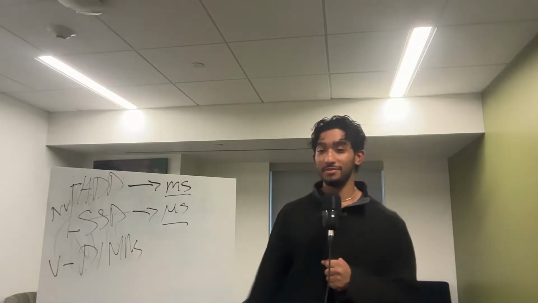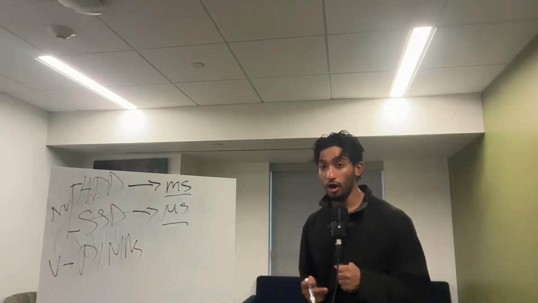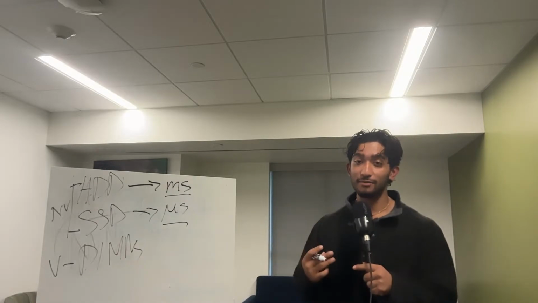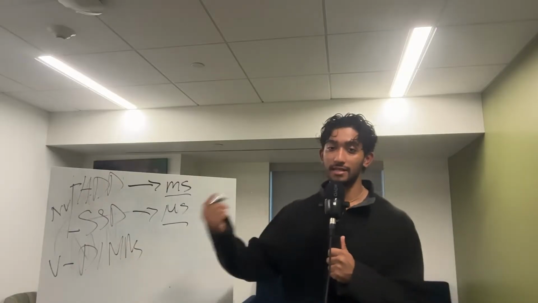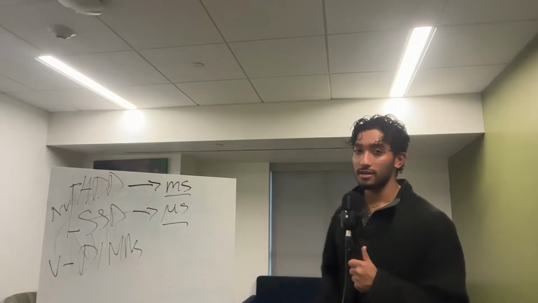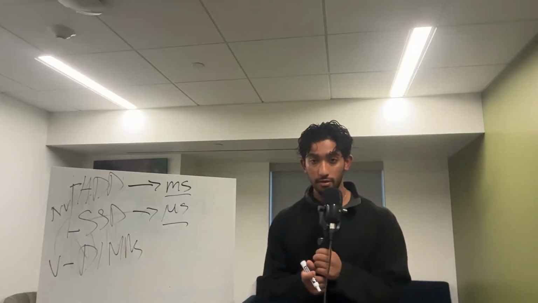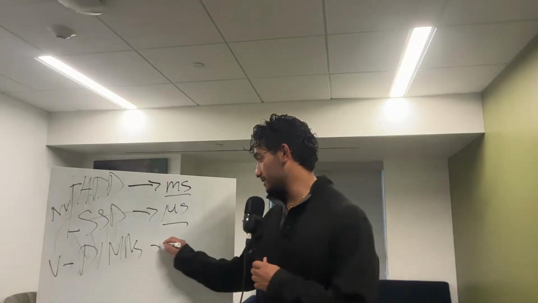Now DIMMs. DIMMs are dual inline memory modules. When people say DIMMs, they really mean something else. I'll talk about that later. The way that RAM means SDRAM, DIMMs means something else. Anyways, dual inline memory modules are RAM sticks. These have nanosecond latency.